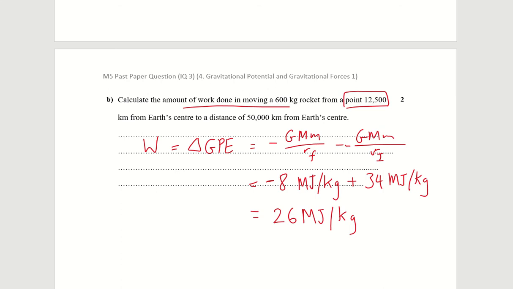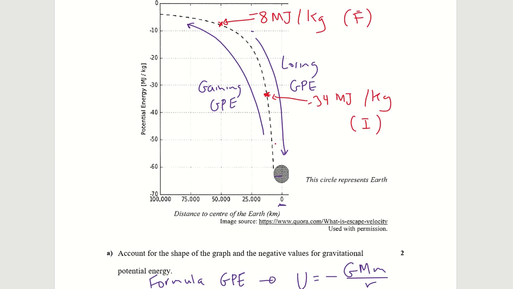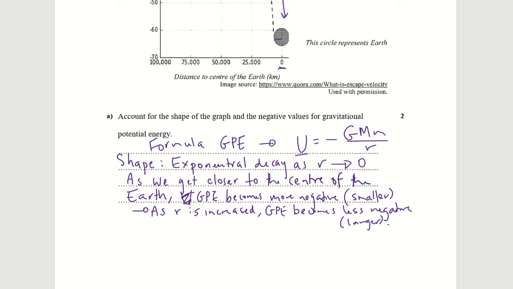Now, we are trying to find the work done. So work done is given in joules. But as you can see here, we have kg. So how can I get rid of the kg? Well, this is where we use the mass of the rocket, because in this graph we've actually graphed per kilogram. So we want to cancel it out to get rid of the kilograms.